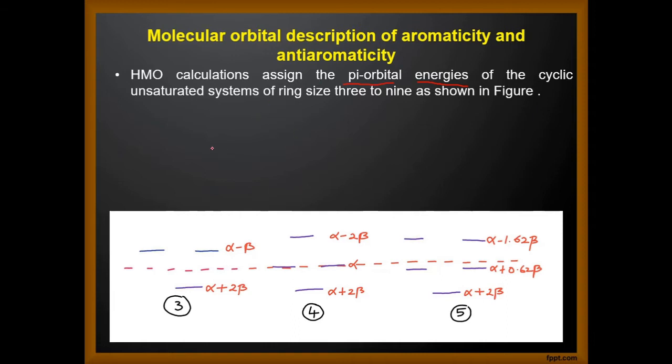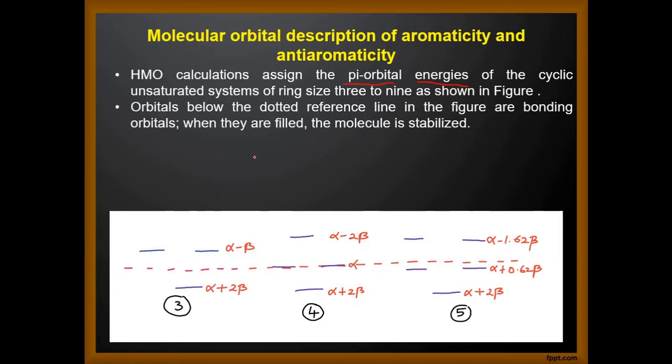So here the Hückel molecular orbitals of the cyclic unsaturated systems of ring size 3 to 9 are shown in the figure.